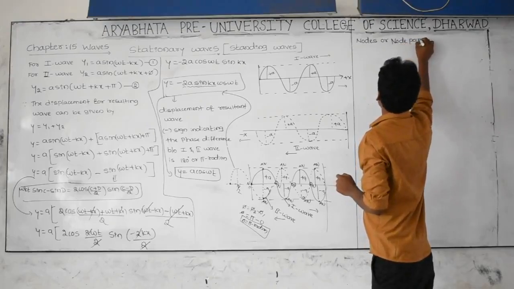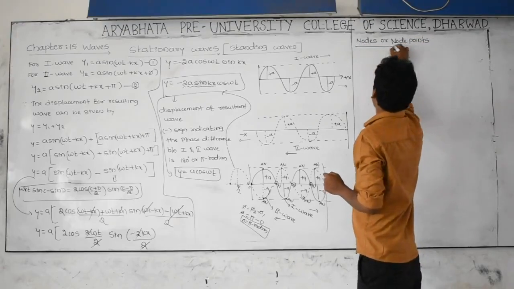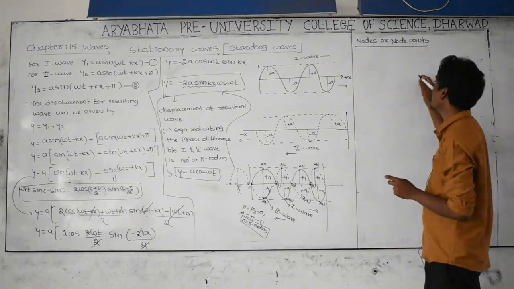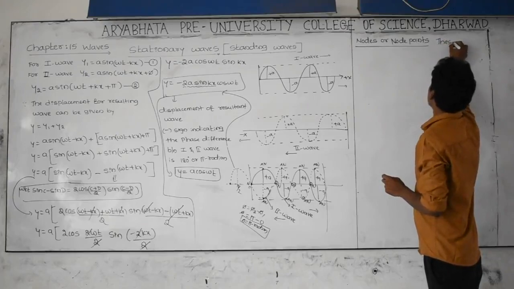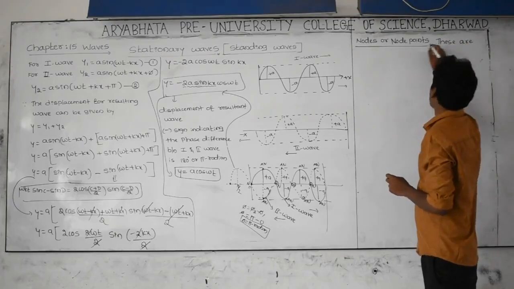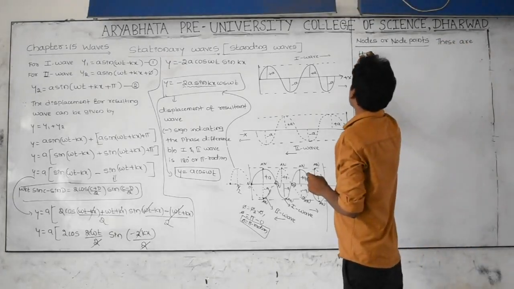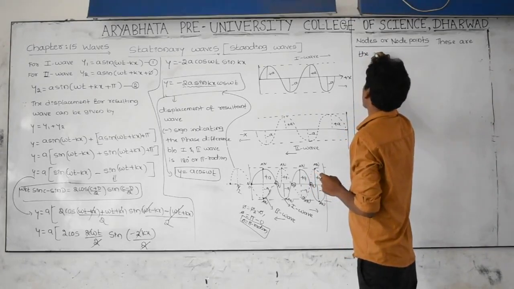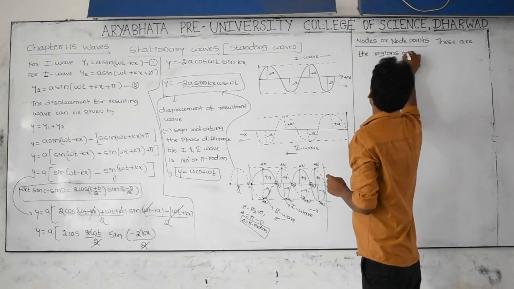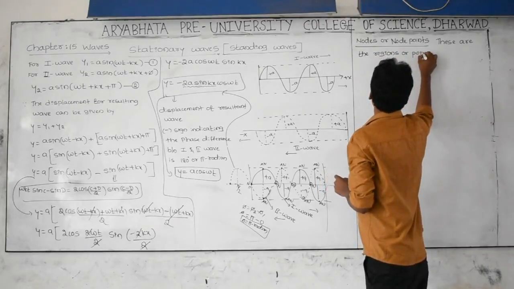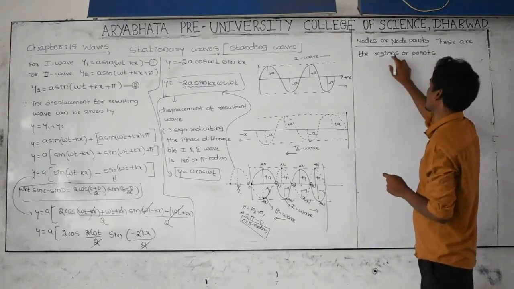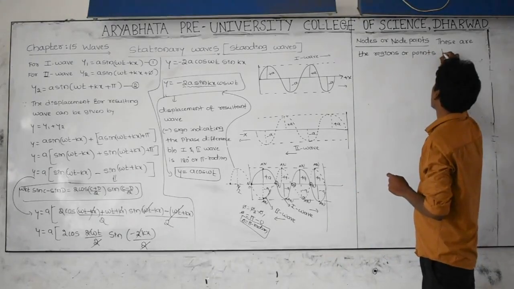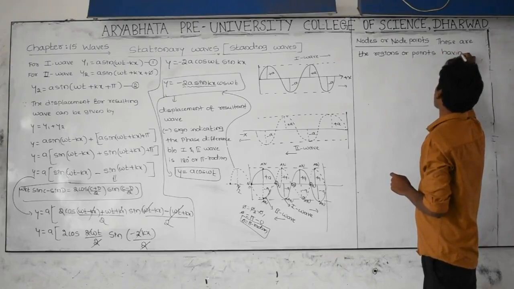What are node points? These are the regions or points in the stationary wave having zero displacement, or having zero amplitude.